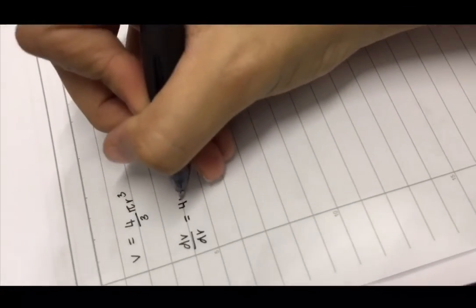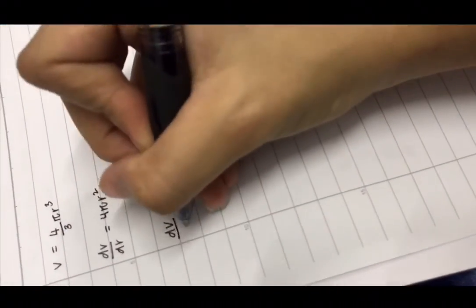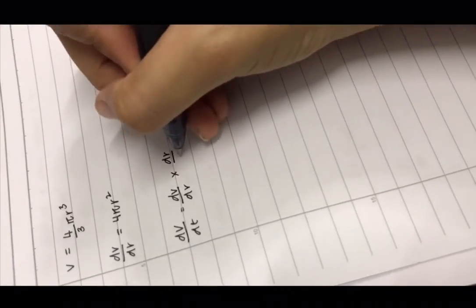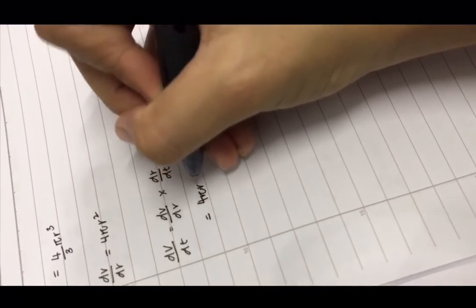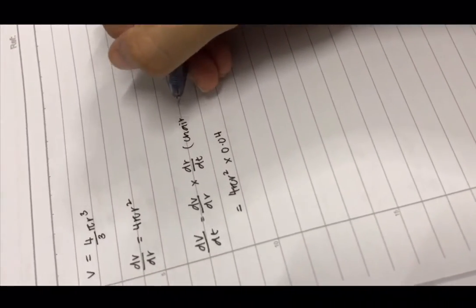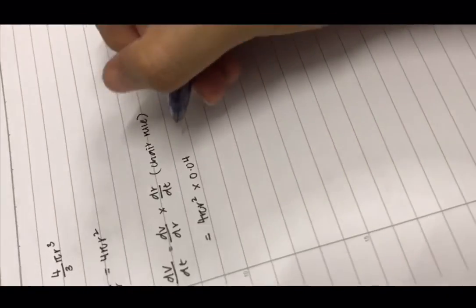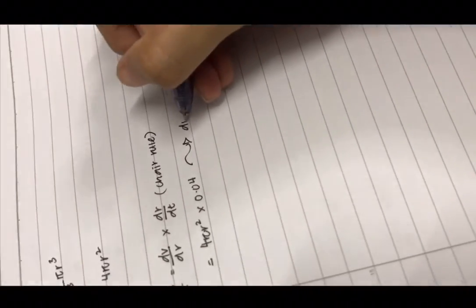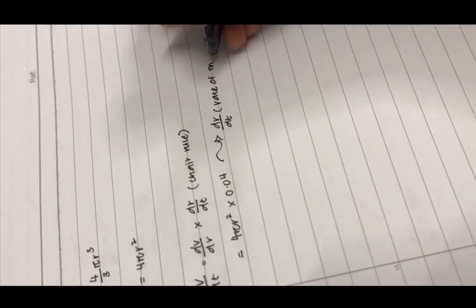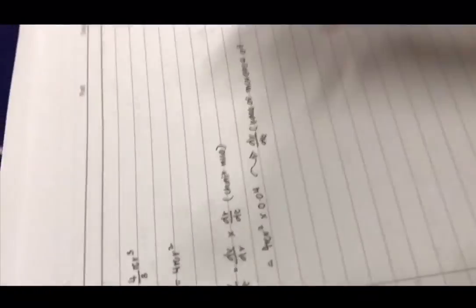So dV over dr equals 4 pi r squared. So dV over dt equals dV over dr times dr over dt, equals 4 pi r squared times 0.04. The above one is the chain rule, and dr over dt is known as the rate of increase of radius.